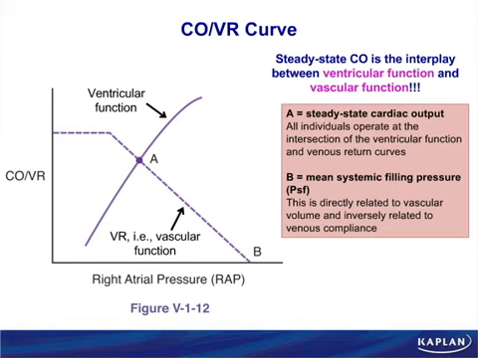Now, contrast that, as we just went through on the previous slide. Right atrial pressure has a negative impact on venous return. And we said when mean systemic filling pressure and right atrial pressure are equal, venous return is 0. So notice the dashed purple line. The dashed purple line hits the x-axis.